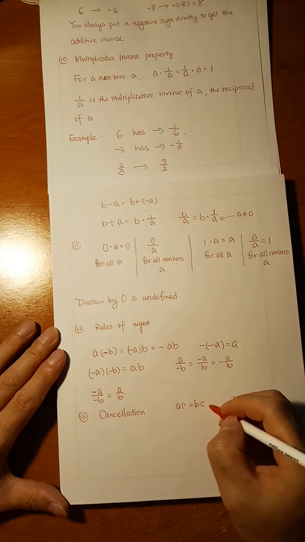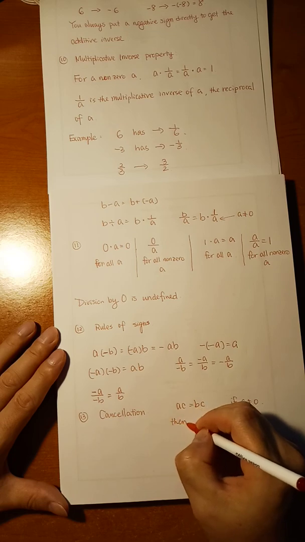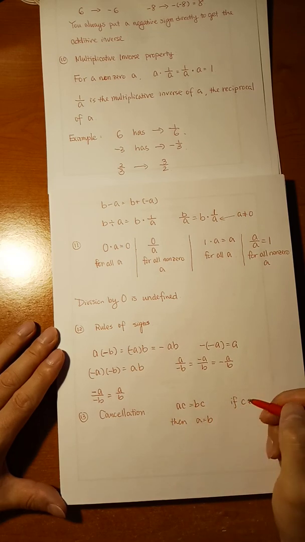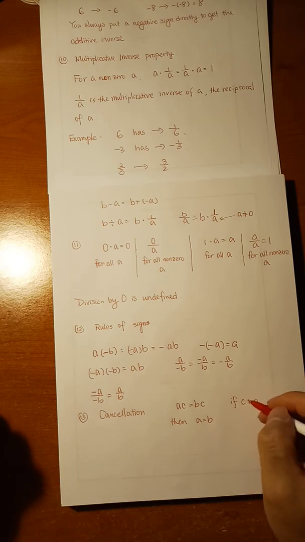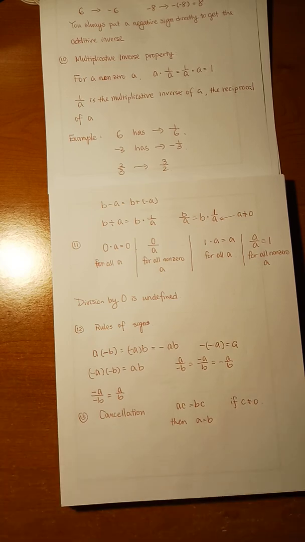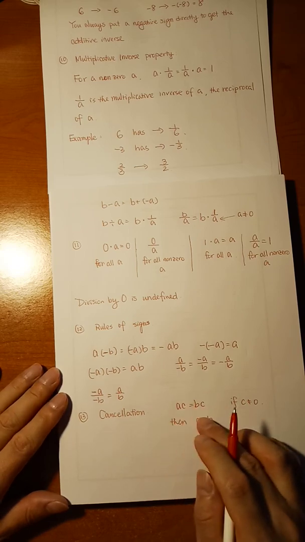If AC equals BC and C is not equal to 0, then A is equal to B. You must include C is not equal to 0. You can only cancel a non-zero number. This is for the equation.